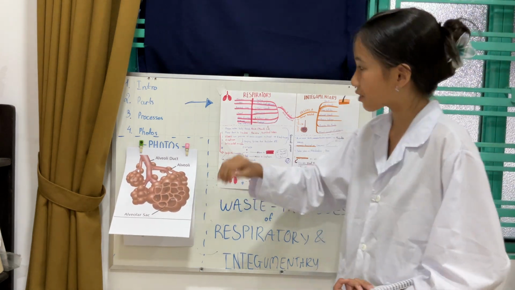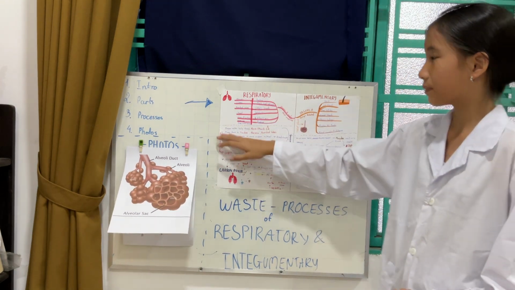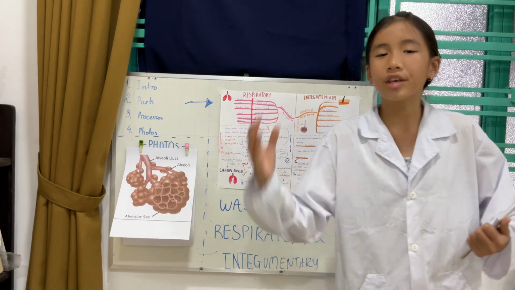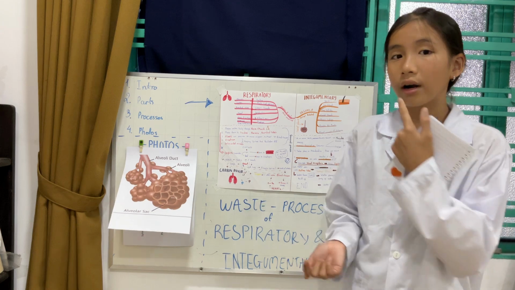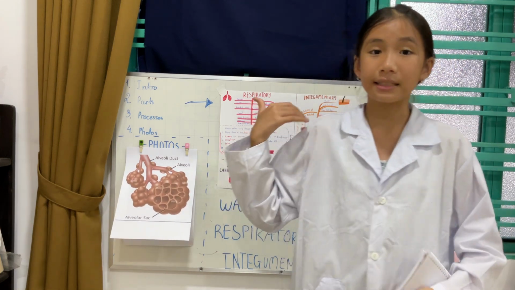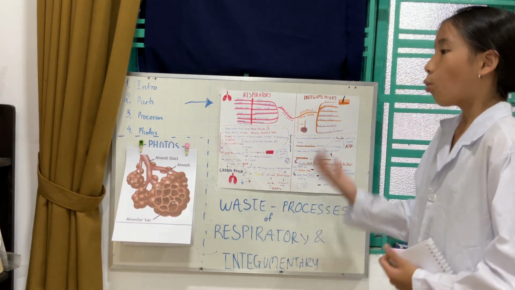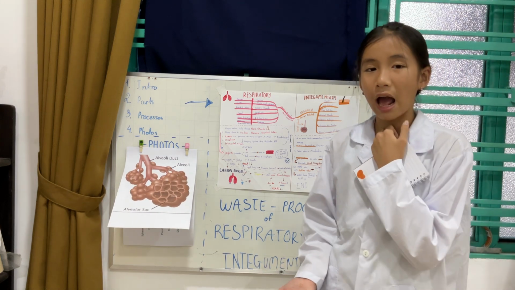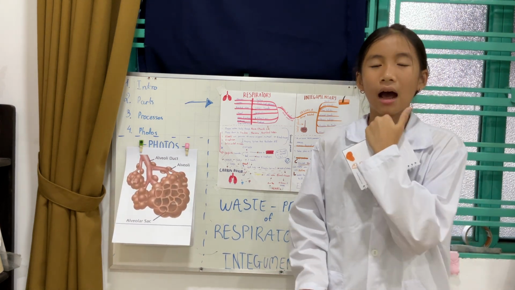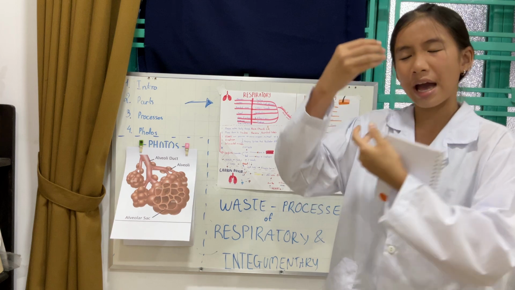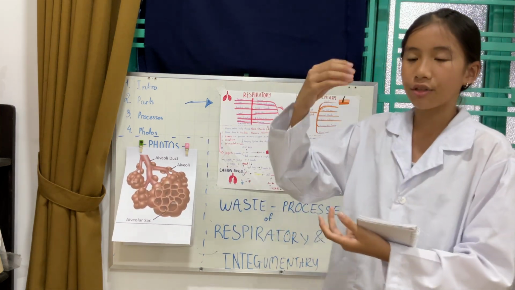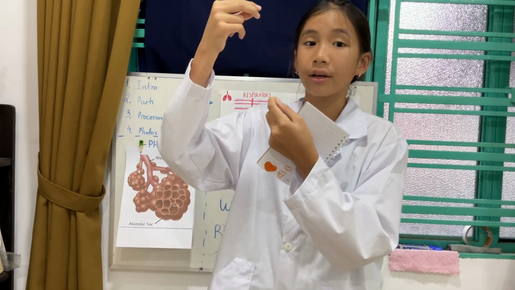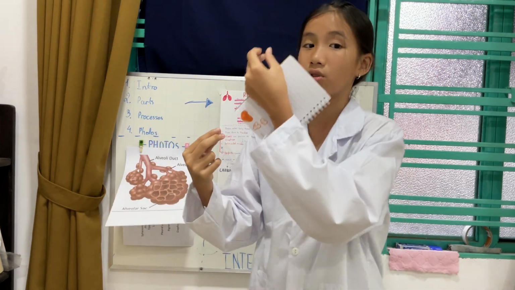Let's move on to the third part of the respiratory system, the process. Now, the oxygen enters through the nose or the nasal cavity or our mouth, also called the oral cavity. When it moves down from our nose, it will move down to a tube called the pharynx. Now, that pharynx is where the tube will carry the air and also the food.